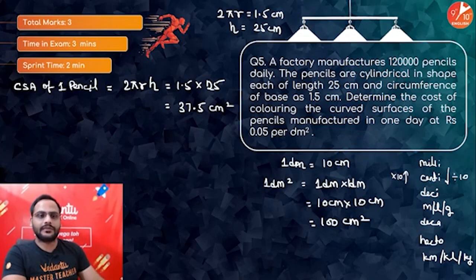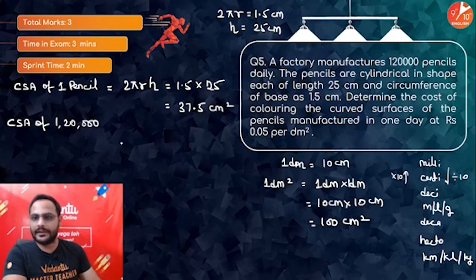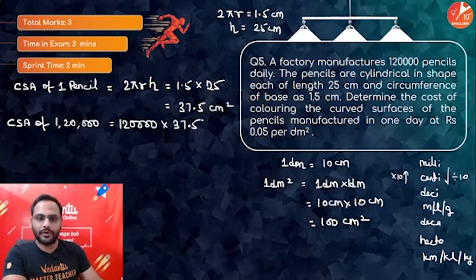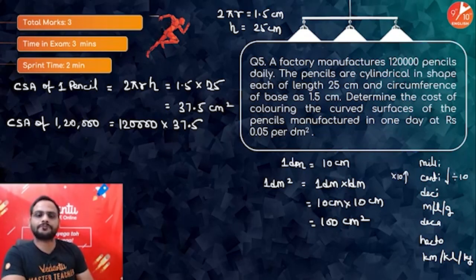Correct. Now CSA of one pencil is this much, so CSA of 1,20,000 pencils will be 1,20,000 into 37.5. So this is the total area which needs to be painted.